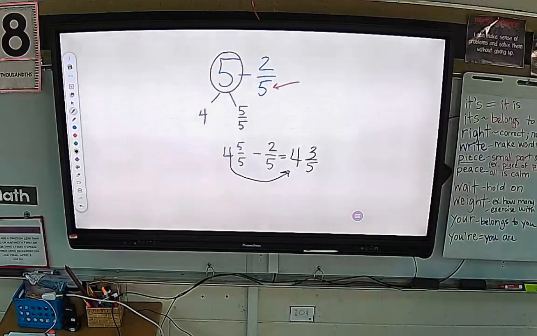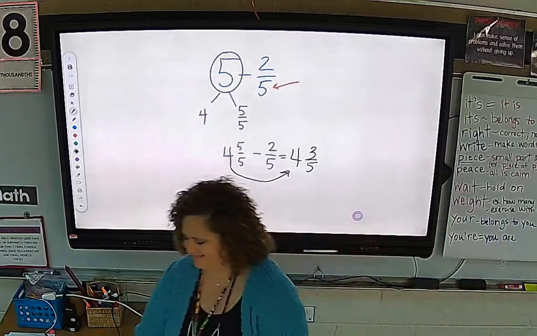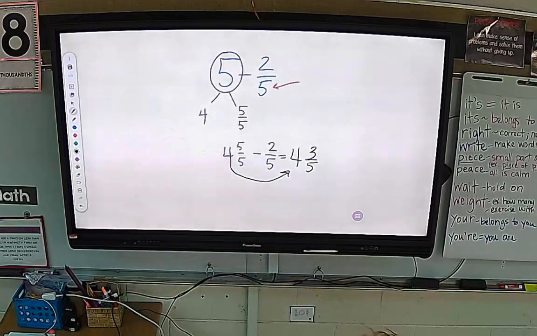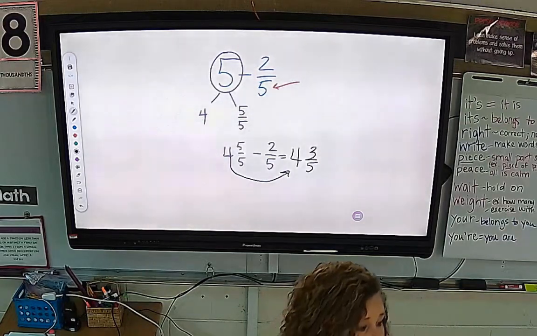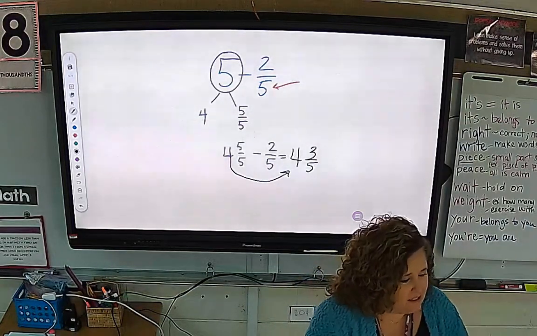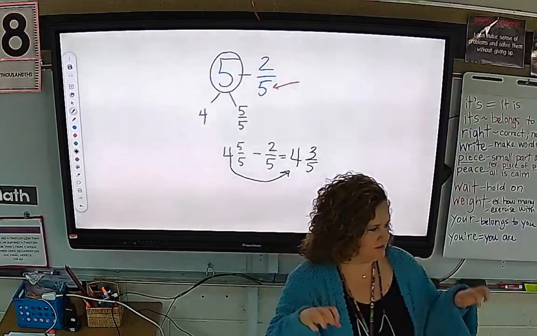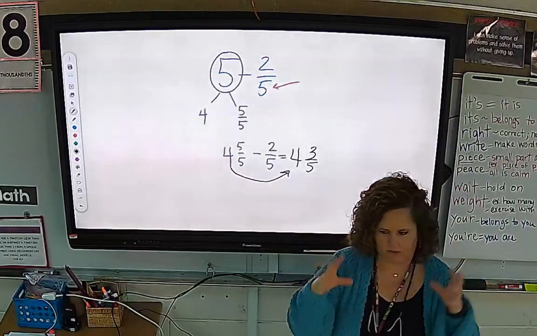Now, I did see this happen on several boards, so that makes me feel better. Maybe y'all are just bored this morning. Anyway. All right, here's the plan. We're going to do one more just like this, and then we'll move to the problem set. Now, if you're still feeling unsure about this, sometimes things like this do take a few days to sink in really good, and a few days of practice.